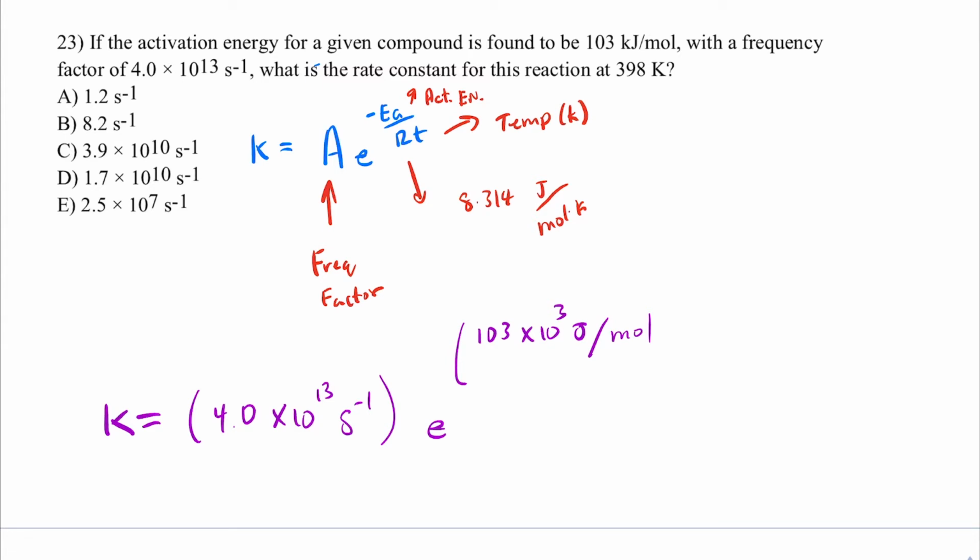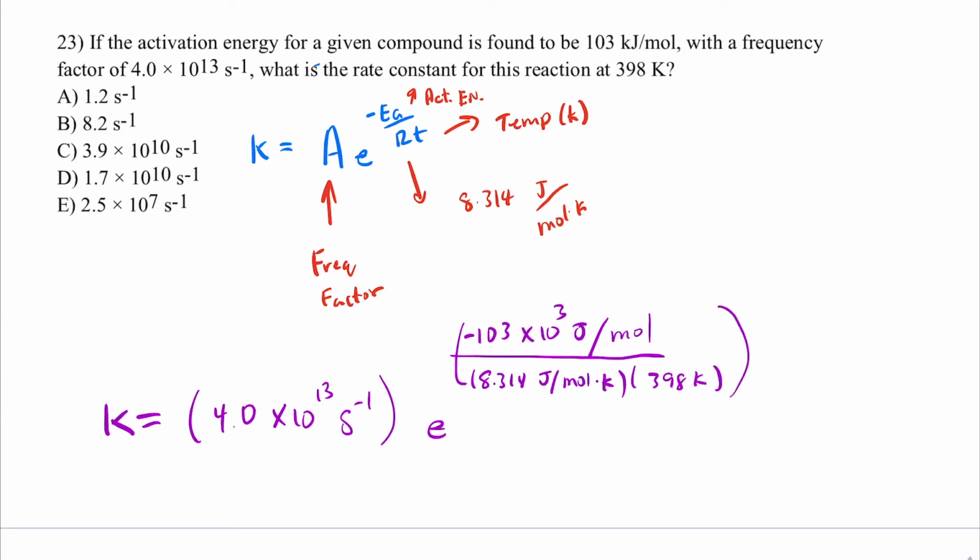So that's my EA, and we're going to remember to put the negative in front of that. It's important. Over R, the thermodynamic constant of 8.314 joules per mole Kelvin. And finally, my last component, temperature, which is 398 Kelvin.